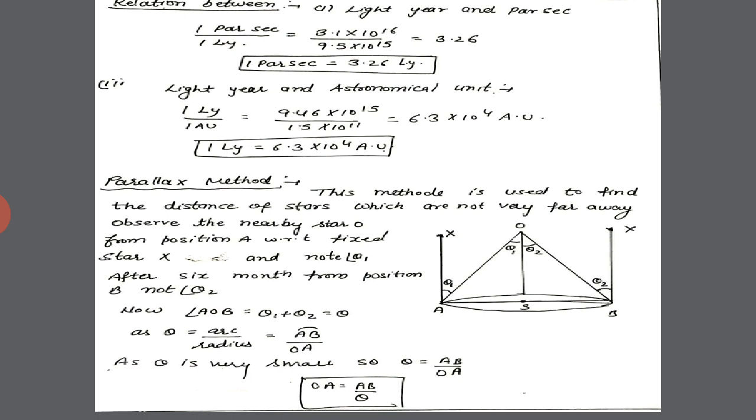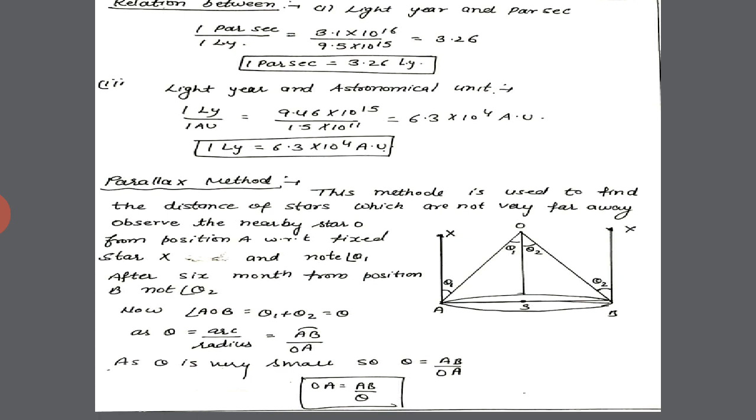So you need to observe the same star from two different positions, months apart, and then the angle made will be AOB.